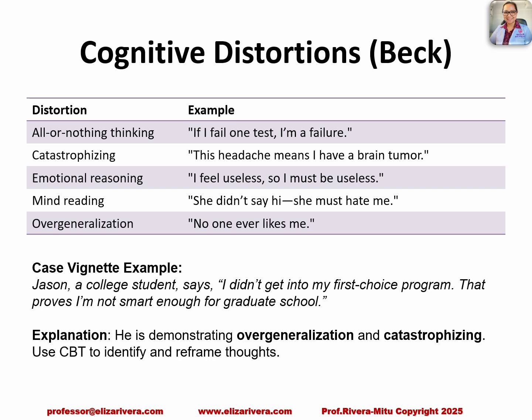The case vignette of Jason illustrates how these distortions can impact self-esteem and perception. The slide encourages using cognitive behavioral therapy techniques to identify and challenge these distorted thoughts, promoting healthier thinking patterns and emotional well-being.